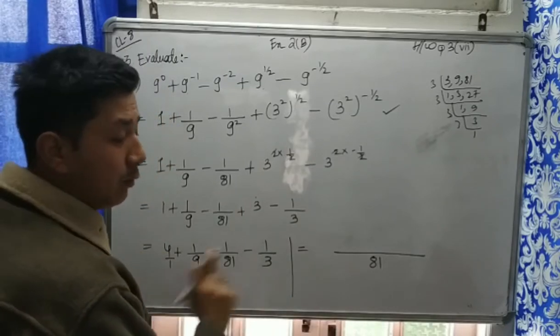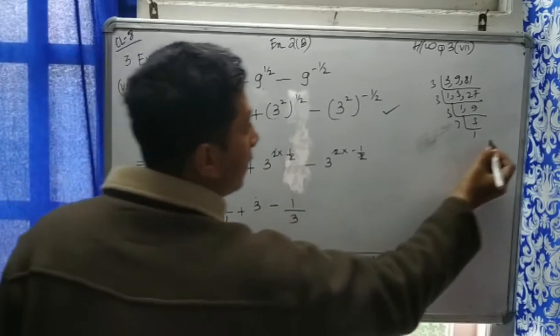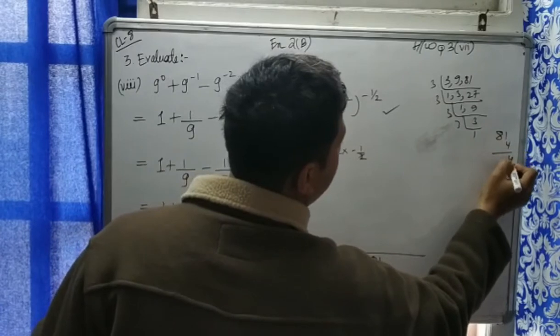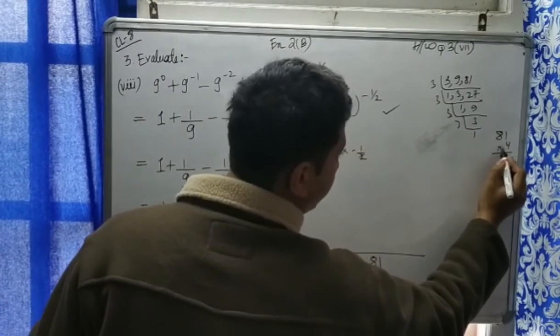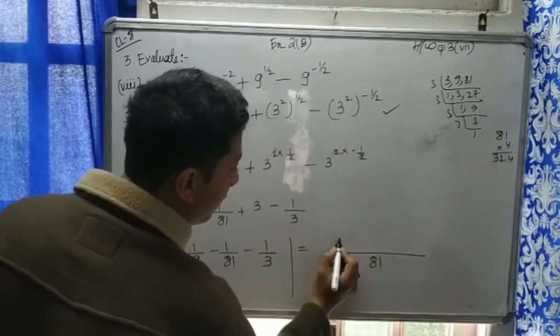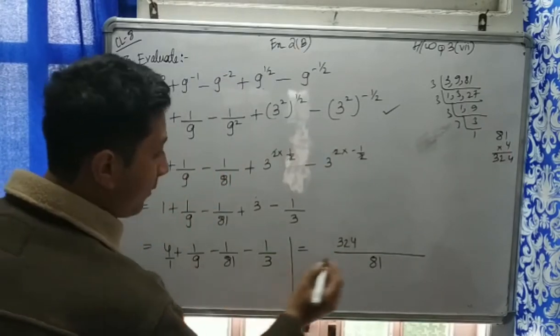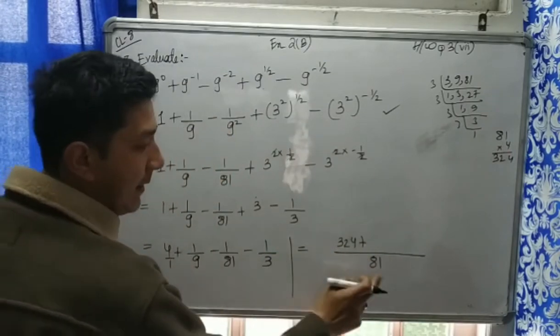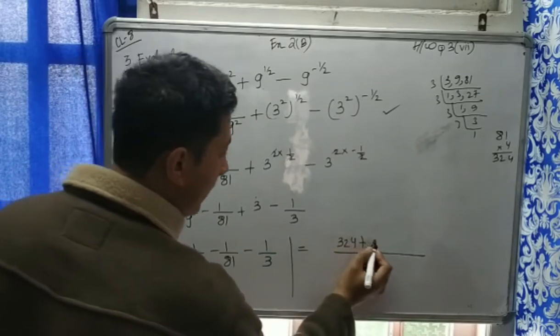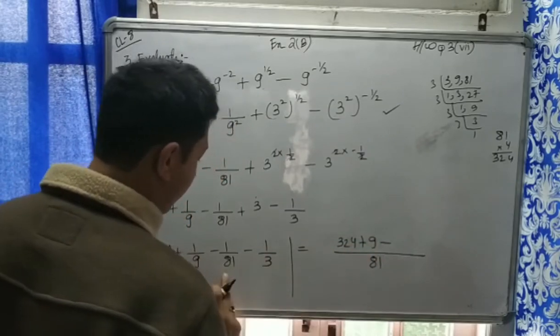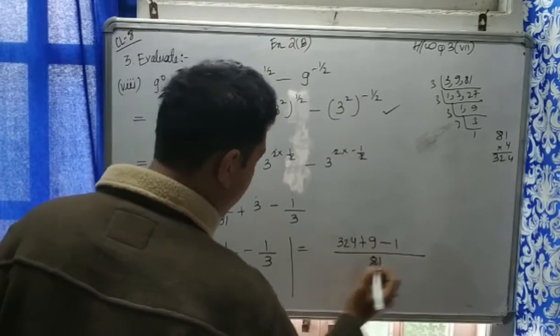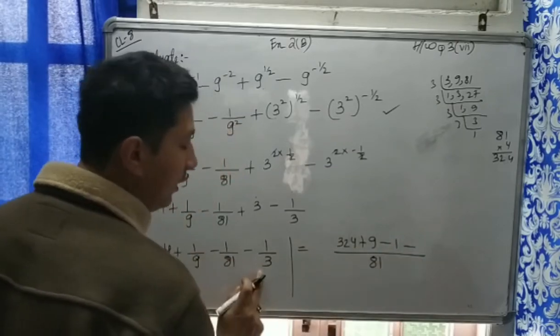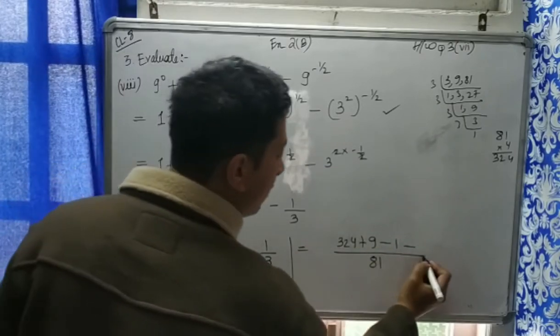So 1 into 81 times, 81 into 4, 4 ones are 4, 4 eights are 32, so 324, plus 9 ones are 9, minus 81 ones are 1, minus 27 ones are 27.